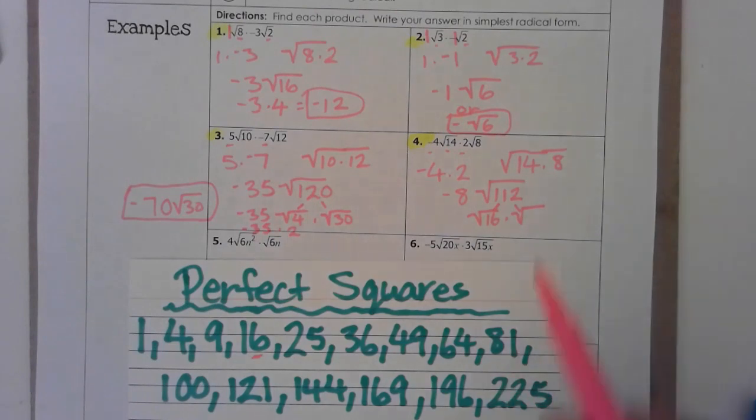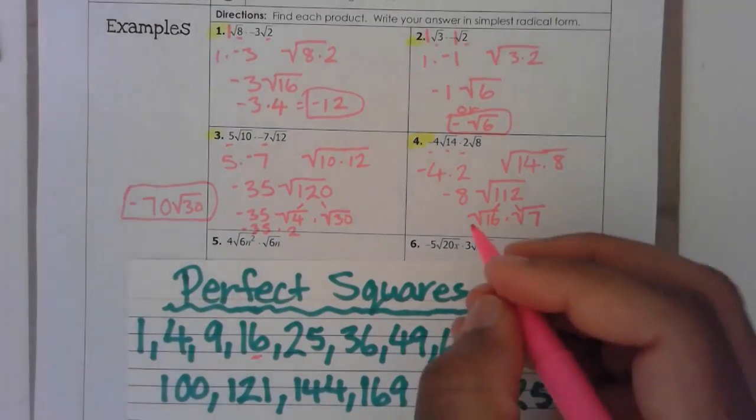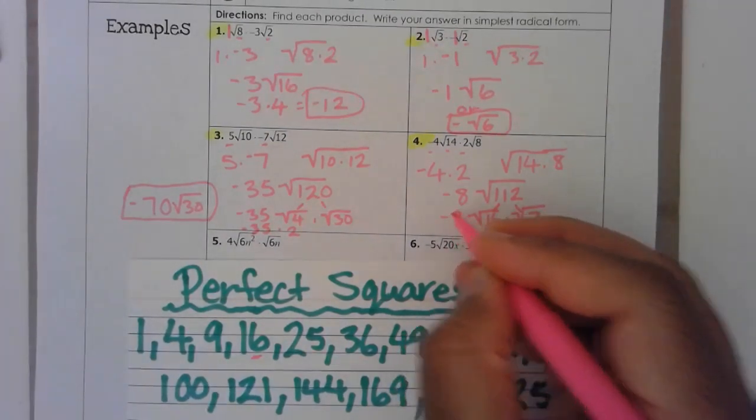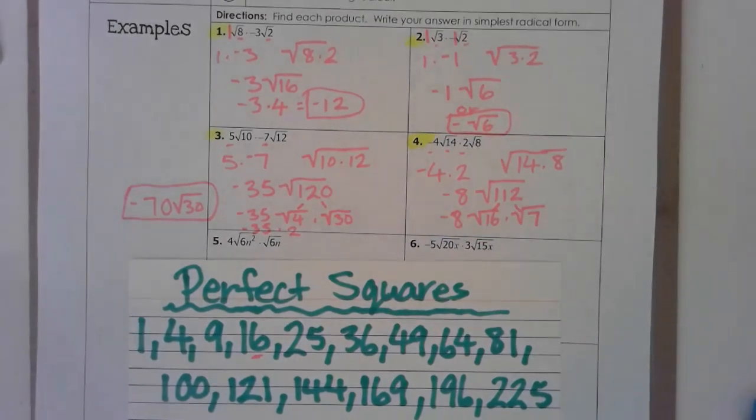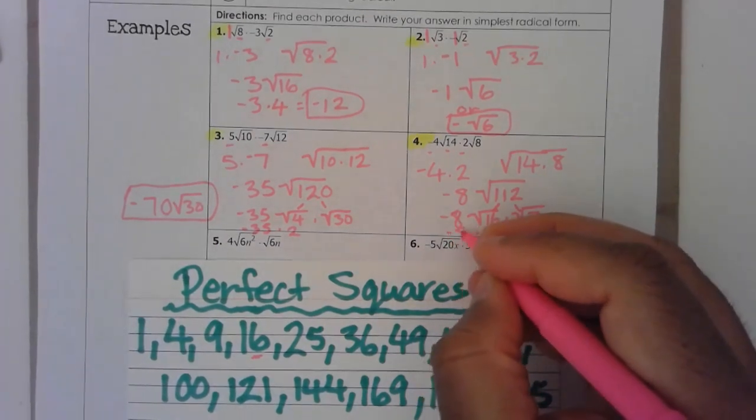Okay. So 112 divided by 16 is just 7. So that's my other term under the radical sign. I'll bring down my -8 here. And then it's time to simplify to get our final answer, okay? So the square root of 16 is 4 times that -8 on the outside.